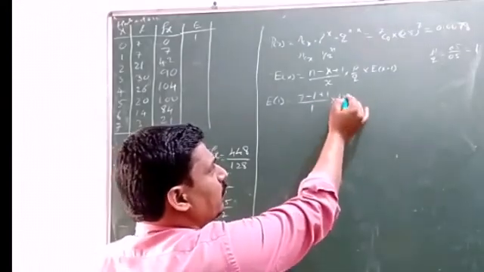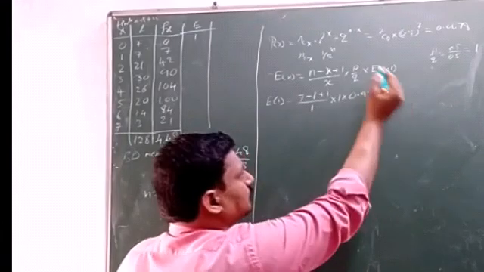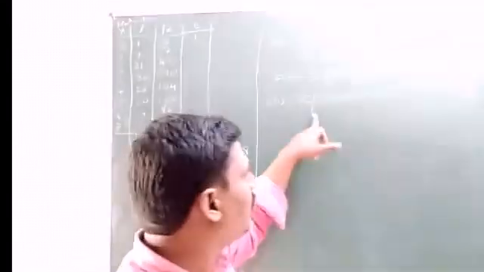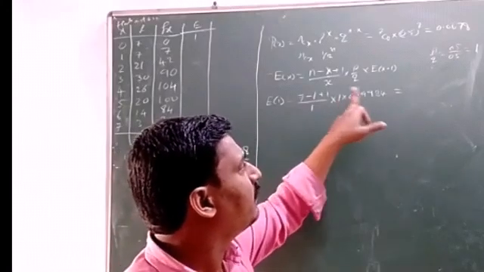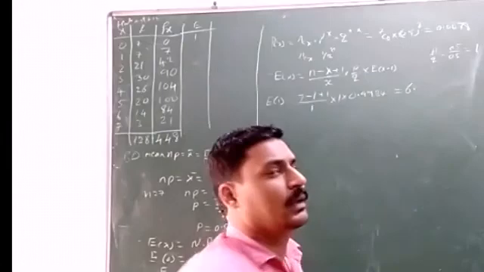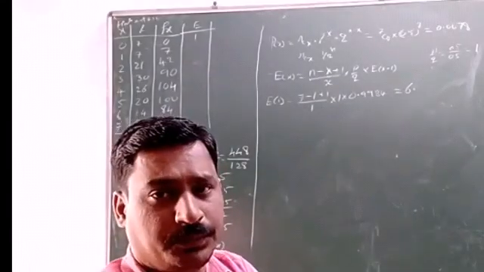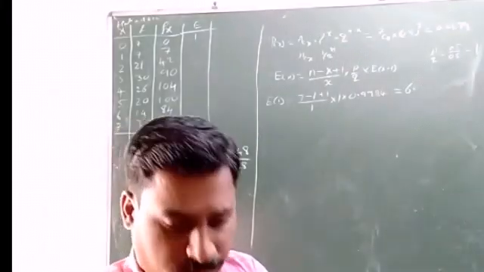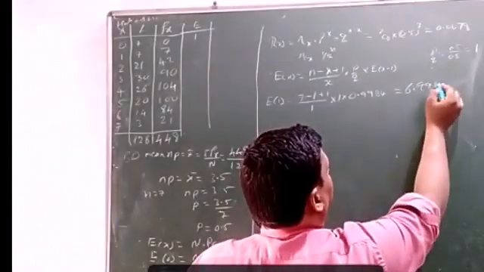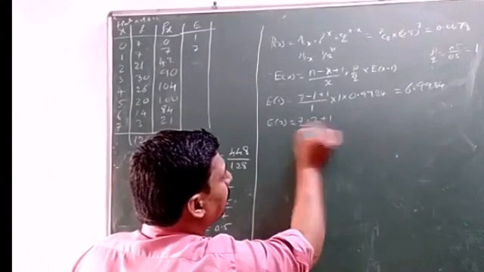There is no meaning in multiplying by 1, but still I write it. 7 minus 1 is 6, 6 plus 1 is 7, 7 divided by 1 is 7 again, and 7 into 0.9984 is 6.9984. Okay, approximately here 7.